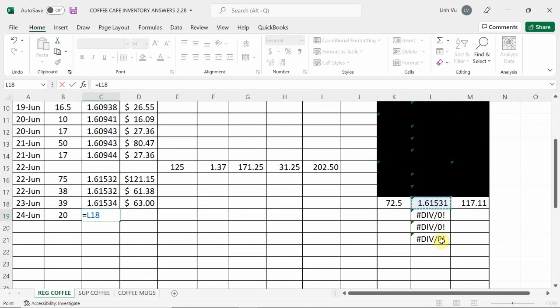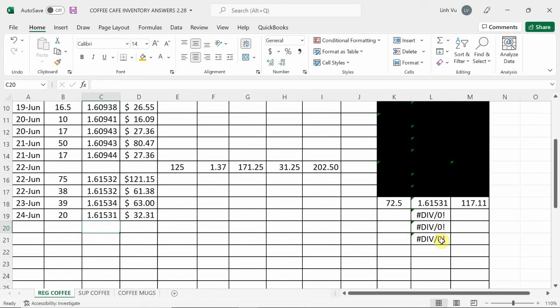So in this case, what's my total cost of goods sold if I sold 20 pounds at $1.61531? $32.31.